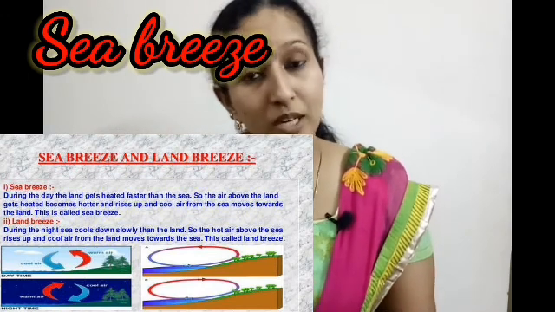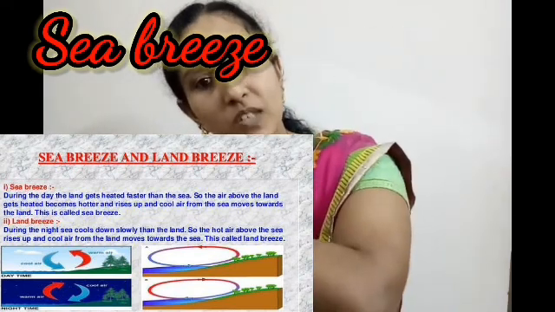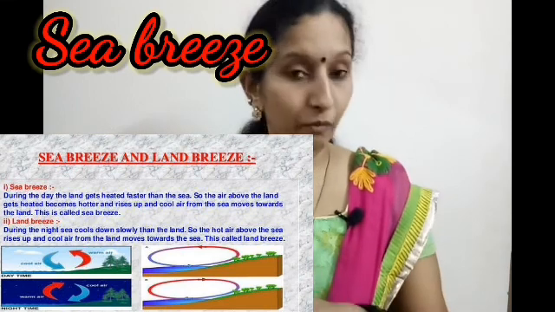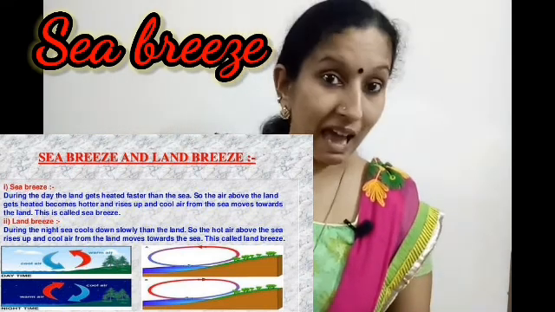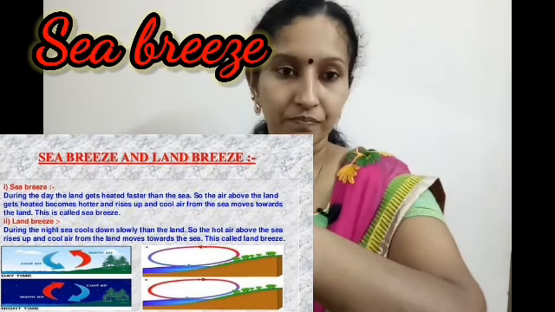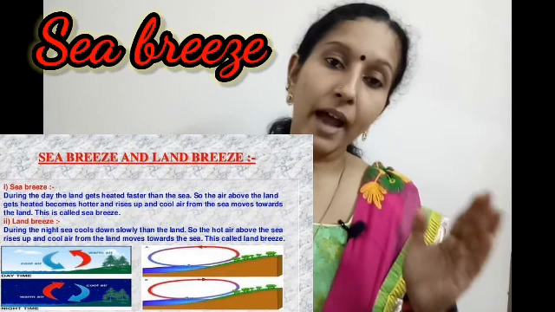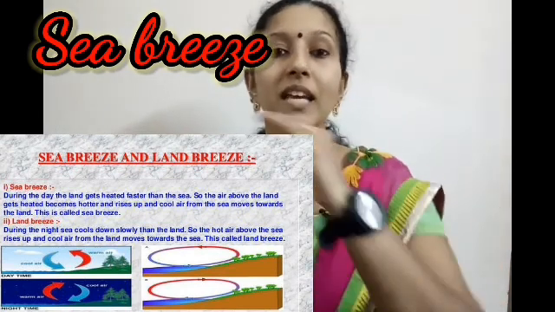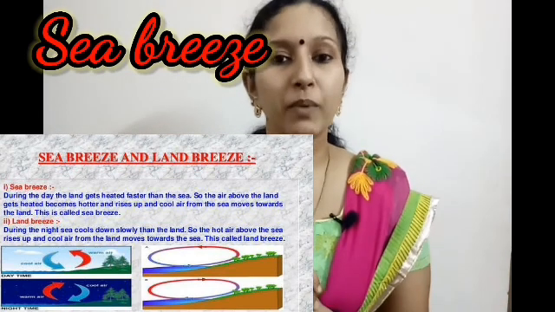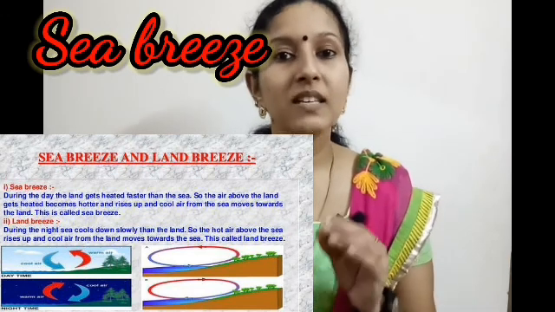And at the same time, hot air from the land moves towards the sea. Cool air is coming from the sea to the land, and hot air goes to the sea. That process is known as sea breeze. So the cool air from the sea is known as sea breeze.